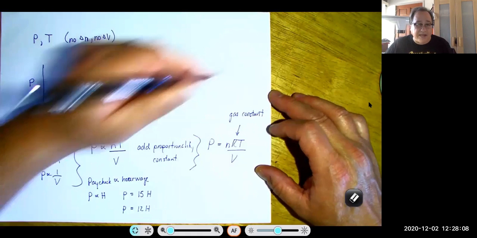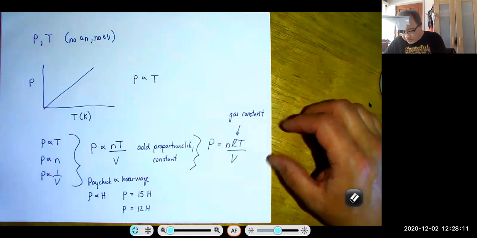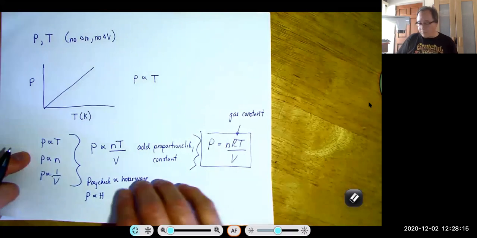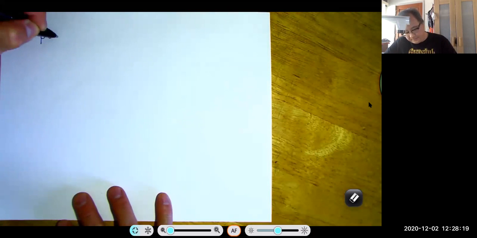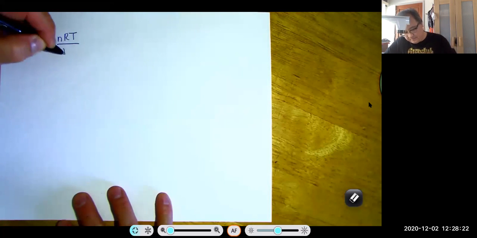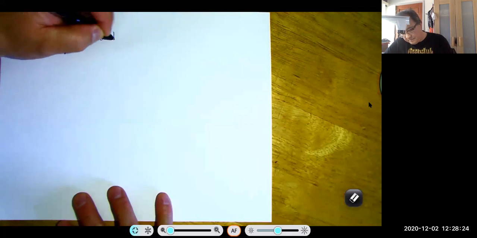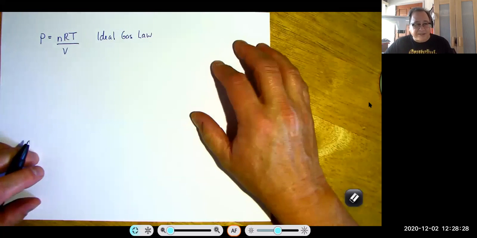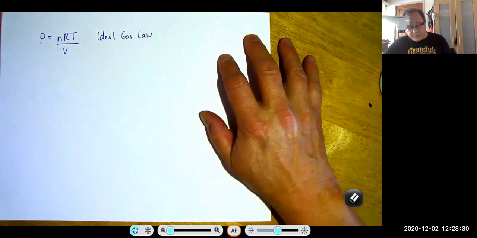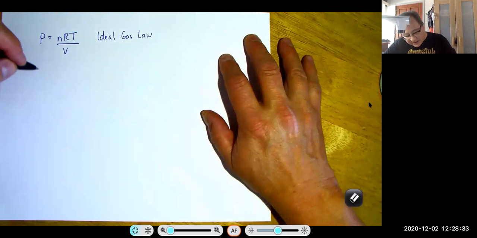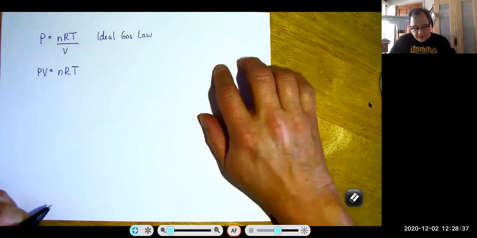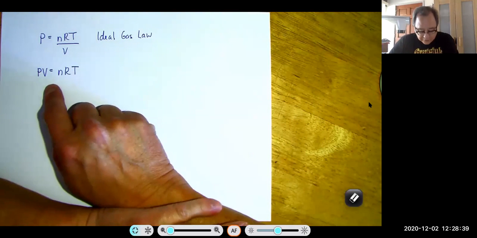And it's something that we call the gas constant. So this right here is the ideal gas law, and I'm going to rewrite it again. Since people memorize things and always do a better job when there's nothing in the denominator, it is rewritten this way, and a lot of people pronounce this as "pivnert."